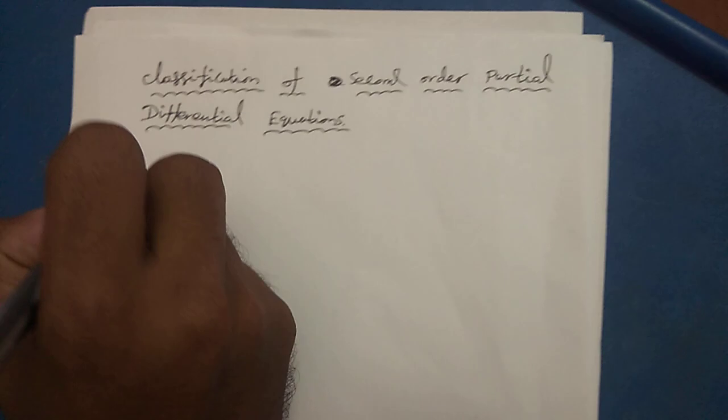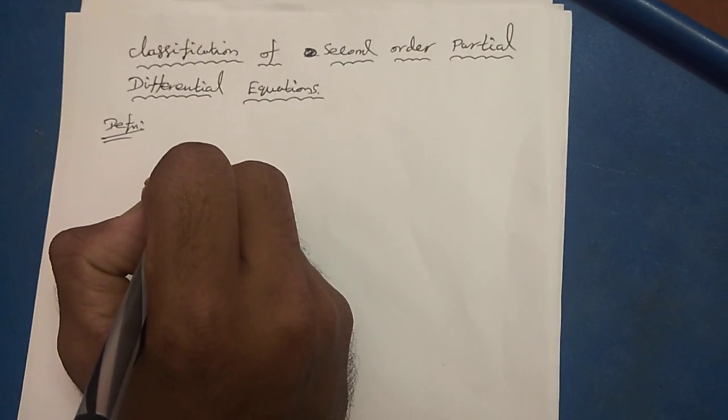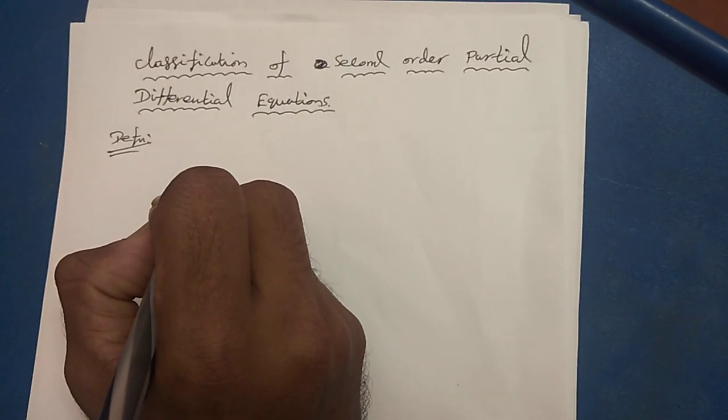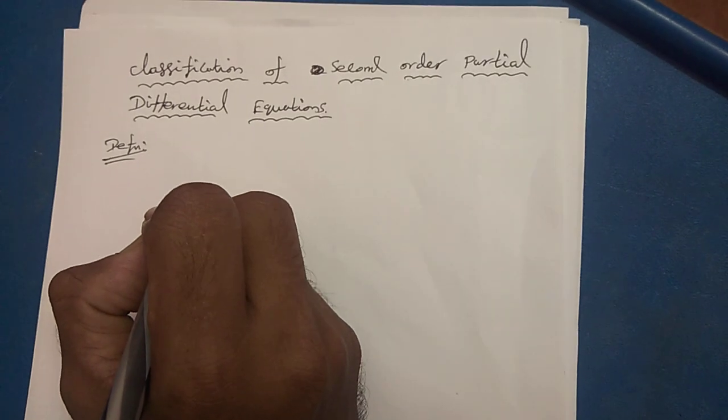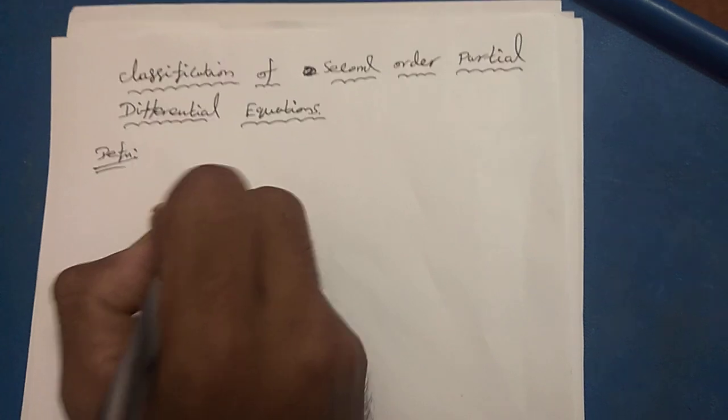So, a definition. A partial differential equation is said to be a second order semi-linear PDE if it can be put in the following form.